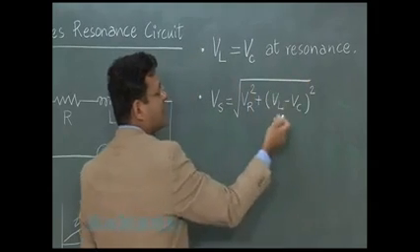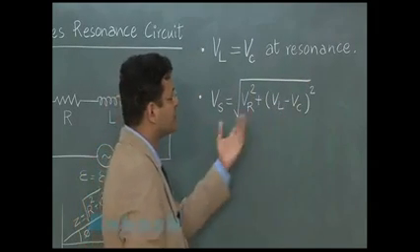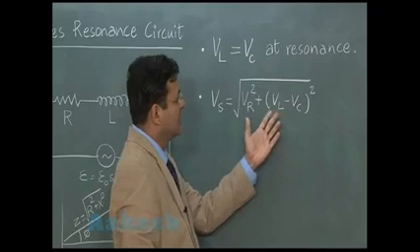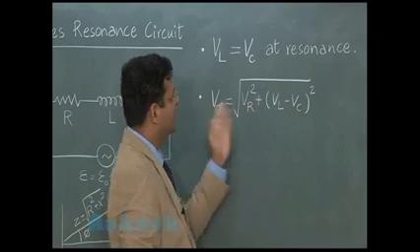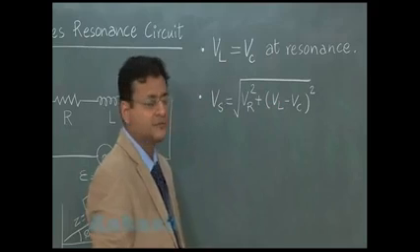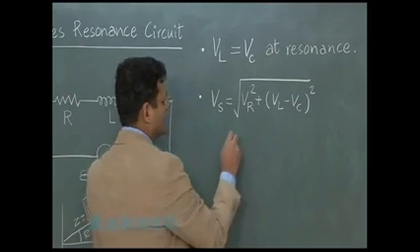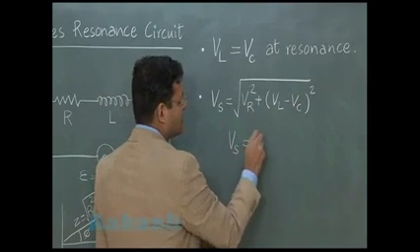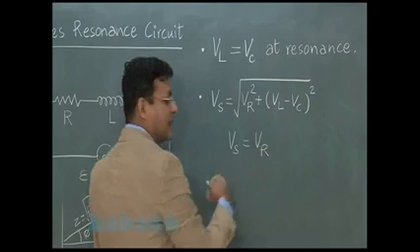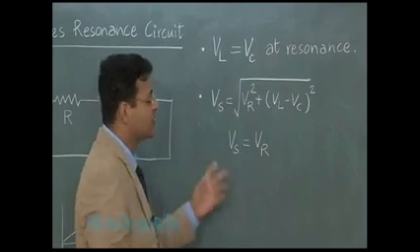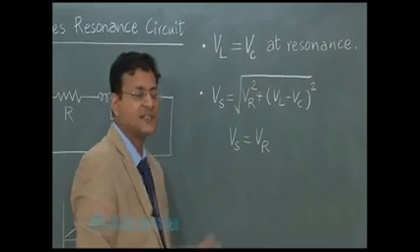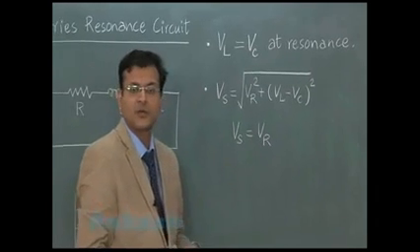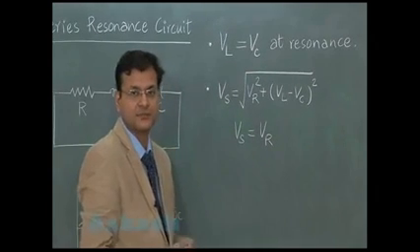And in case you are making VL VC as equal, then naturally the entire expression becomes zero and supply voltage comes out to be that due to potential drop across resistor. That means whenever you have a condition of resonance, then you will find that the total supply voltage is simply equal to the potential drop across resistor.